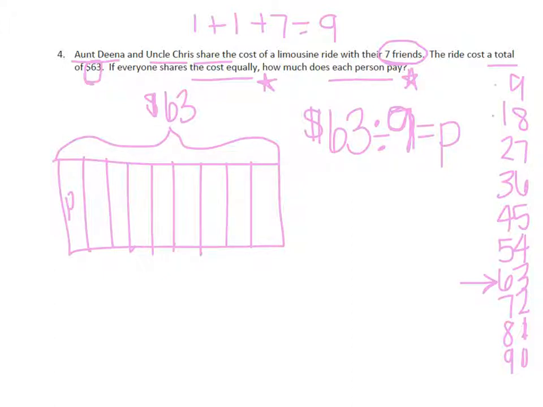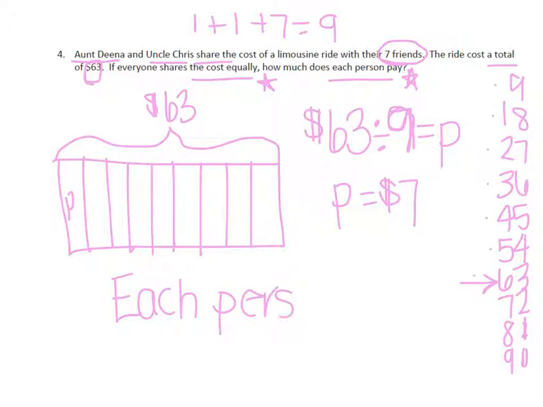So I have 1, 2, 3, 4, 5, 6, 7 times. So P is equal to $7. That means that everyone is paying $7. So now I need to write this as a statement. I'm going to restate my question. So each person pays $7.